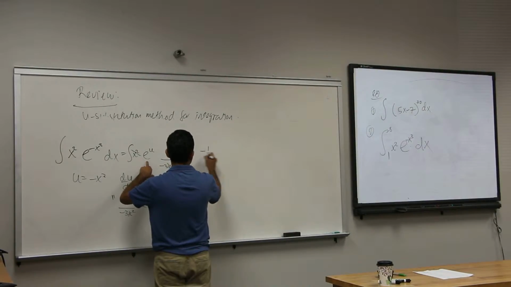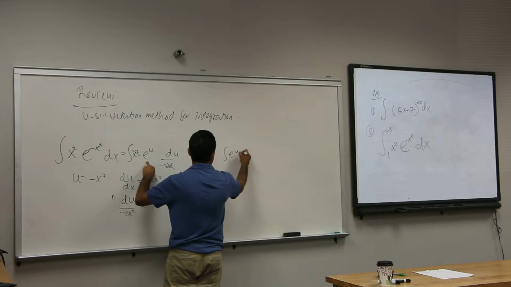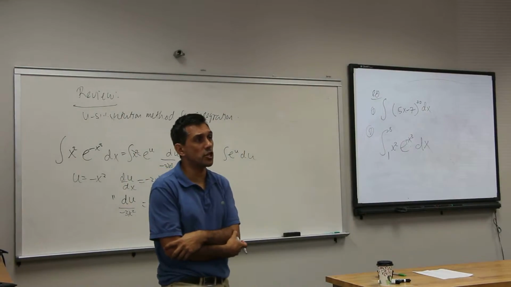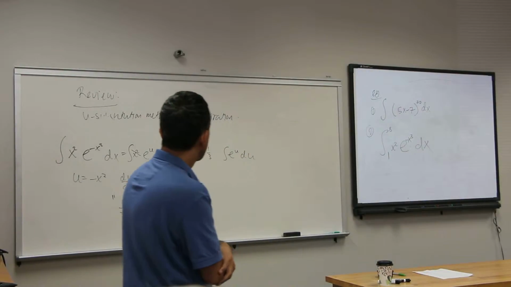So we have negative 1/3 du. Okay, well, what is the antiderivative of e to the u du? E to the u.